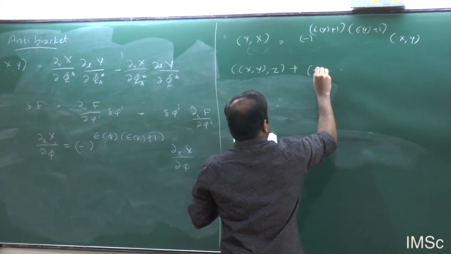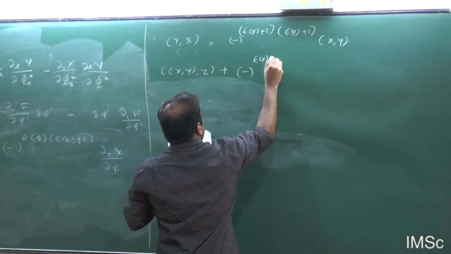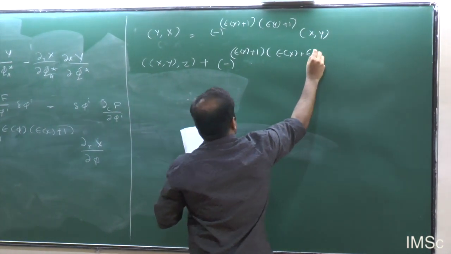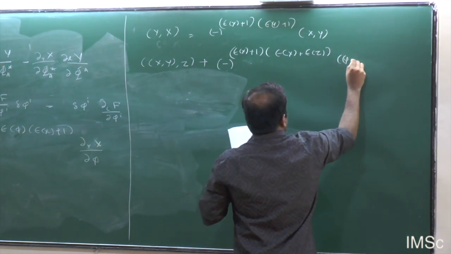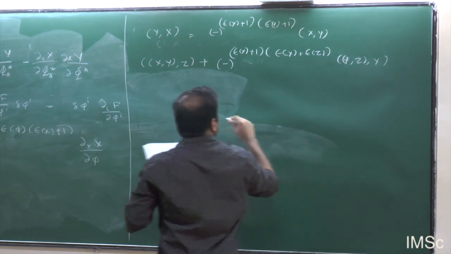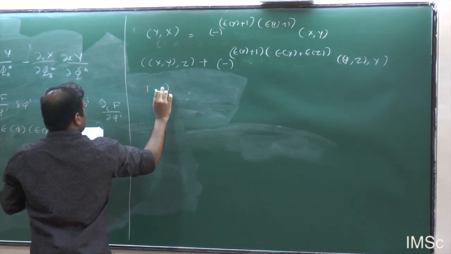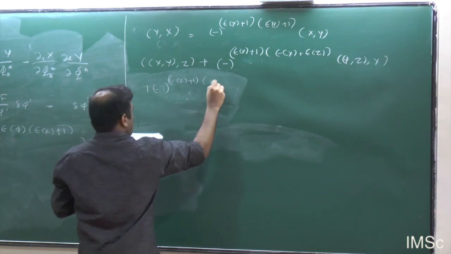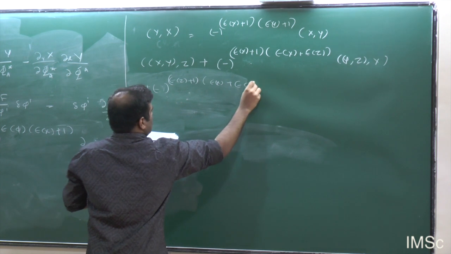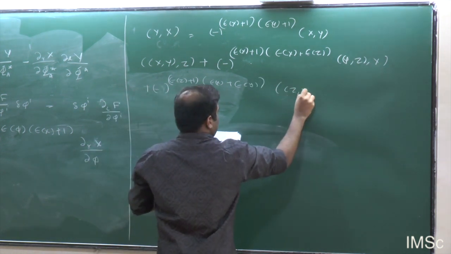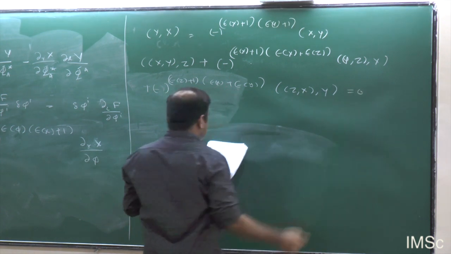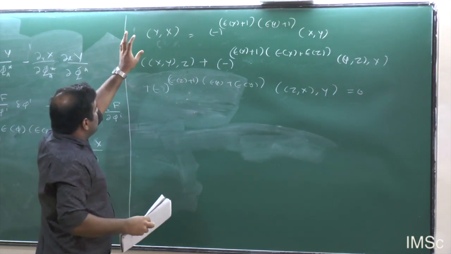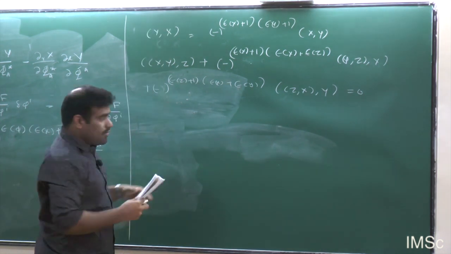Plus a sign factor epsilon x1 x is equal to 0.